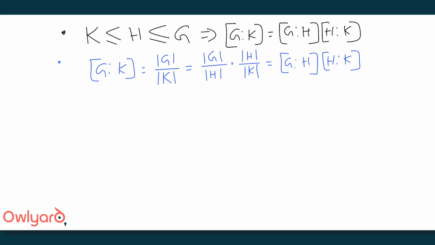And one quick example, of course, is Z, the group of all integers, which is an infinite group, and the group of multiples of 3, for example, which is also an infinite group, but is a subgroup of Z. But 3Z has 3 cosets in Z, which are the residue classes modulo 3, right?